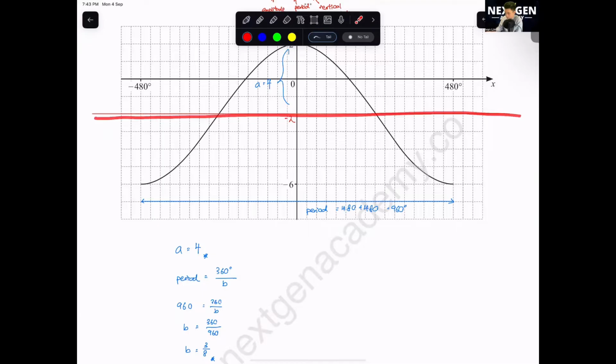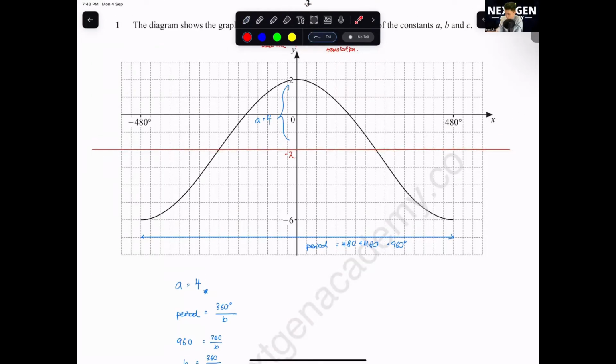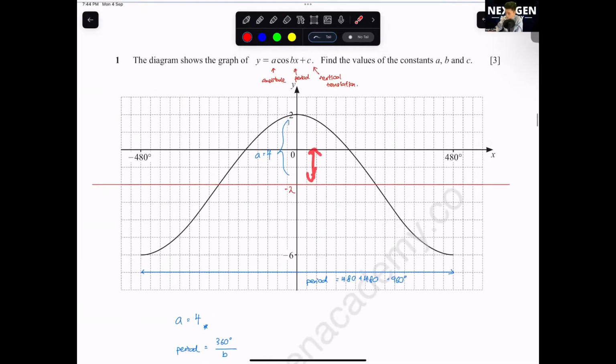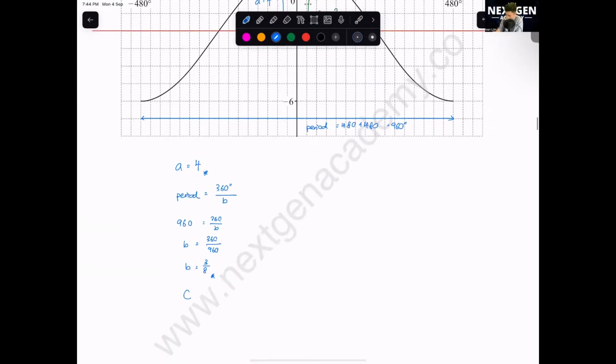The original goes from 1 to -1. You take the middle point, it will be easier. You see from 0, it became -2, right? So it means the whole graph is shifted down by 2. So c equals -2. That's all.